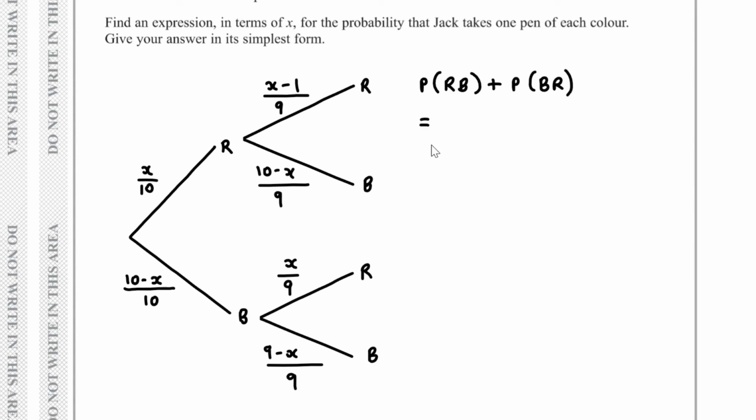Red, then blue, that will be X over 10 multiplied by 10 minus X over 9. Or blue, then red: 10 minus X over 10 multiplied by X over 9. Okay?